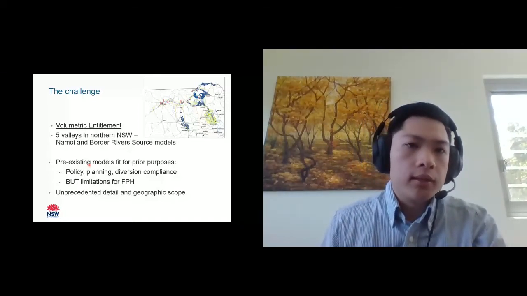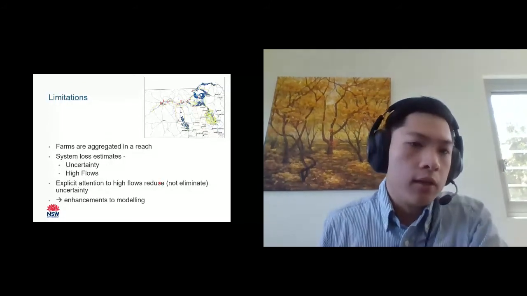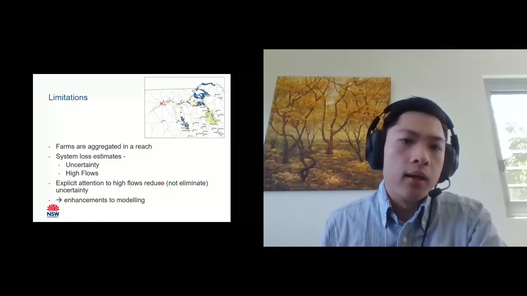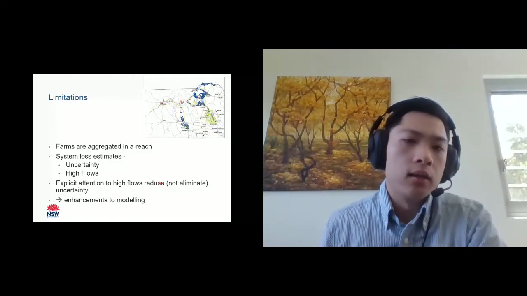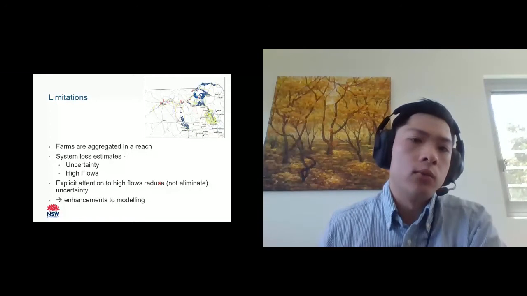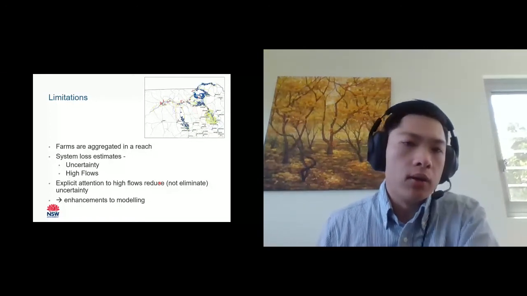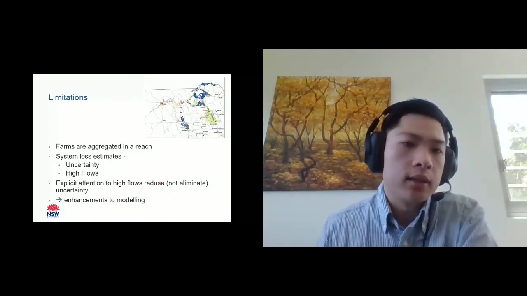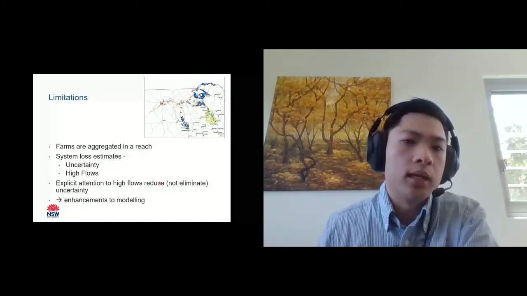The 2 biggest limitations in the existing models are that the farms are lumped or aggregated within a river reach as one water user node, and there has been some uncertainty about how the system loss has been estimated.